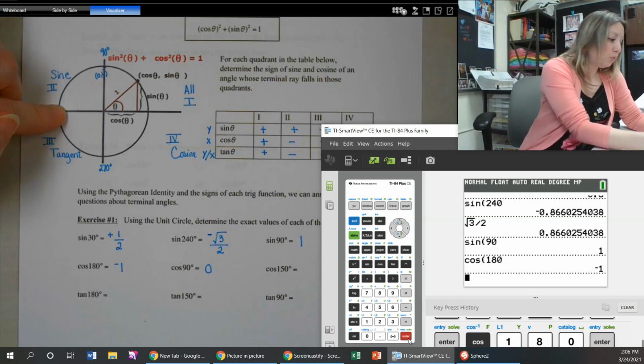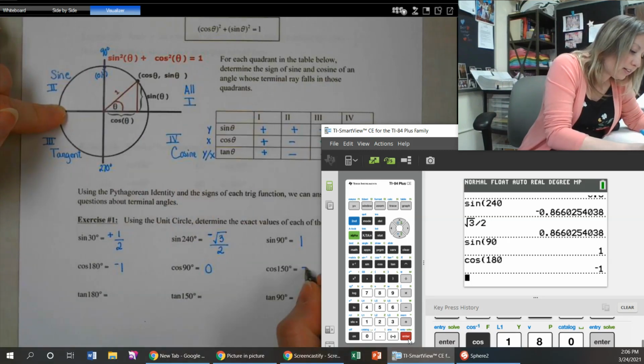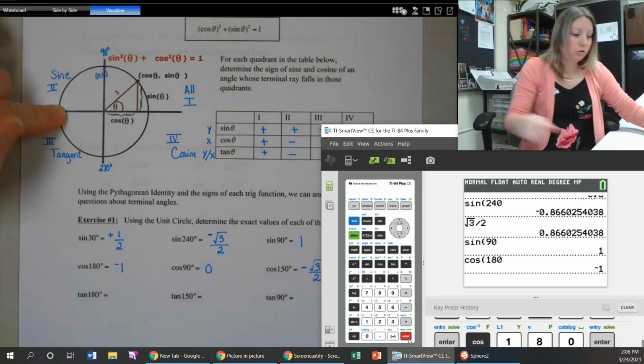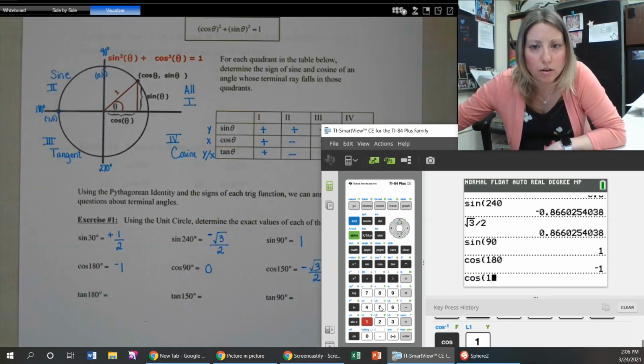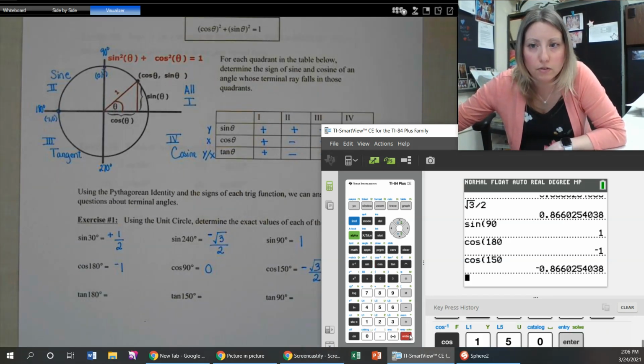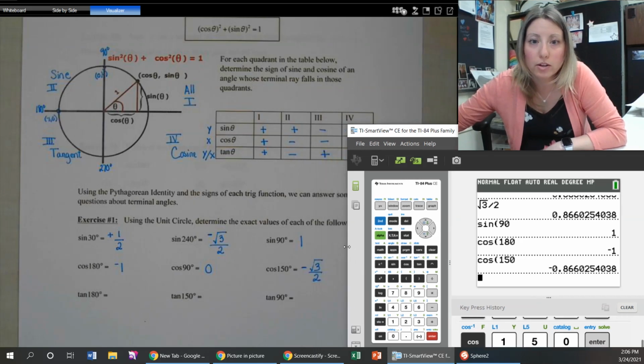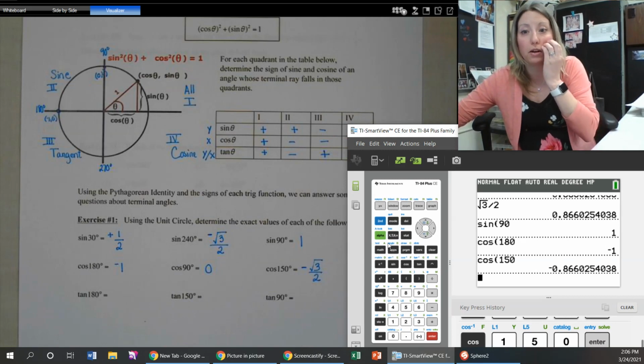Okay, but because we're in the second quadrant, that's going to be a negative radical 3 over 2. Okay, so just a reminder, cosine of 150 gives me negative 0.866. And we already checked that, we knew what it was equivalent to.